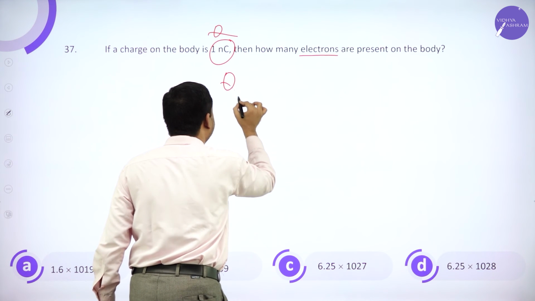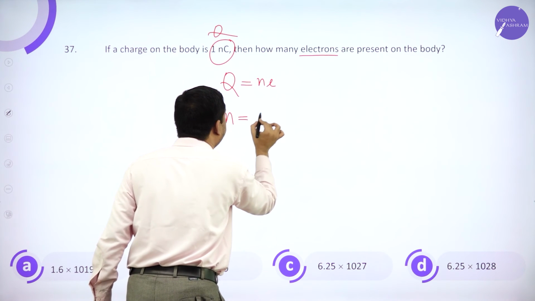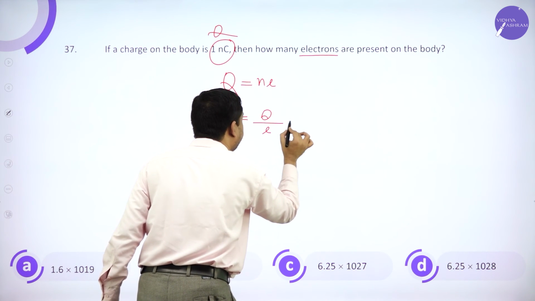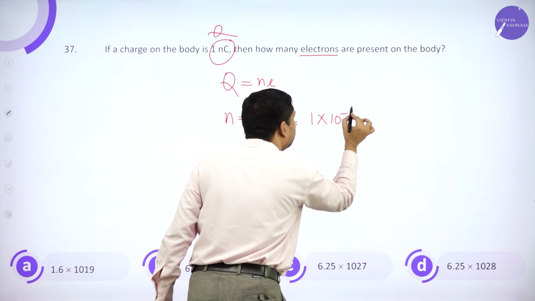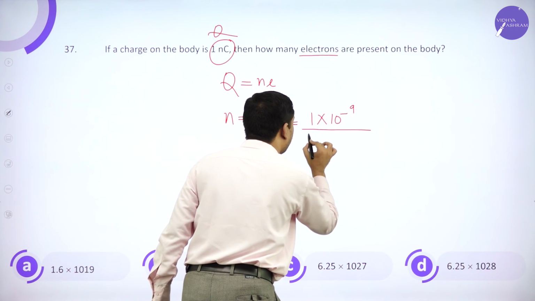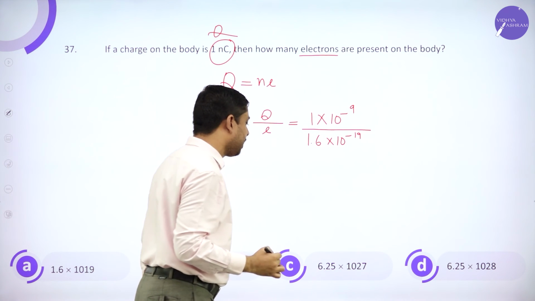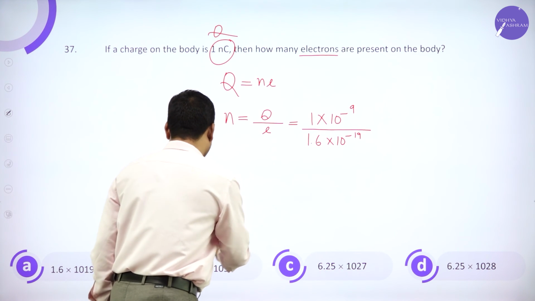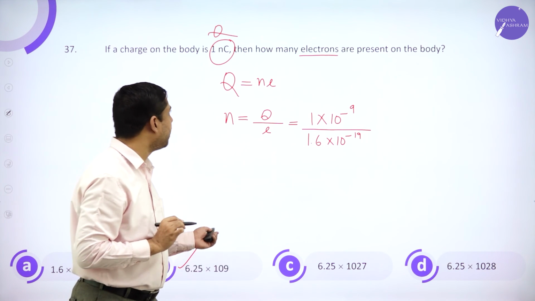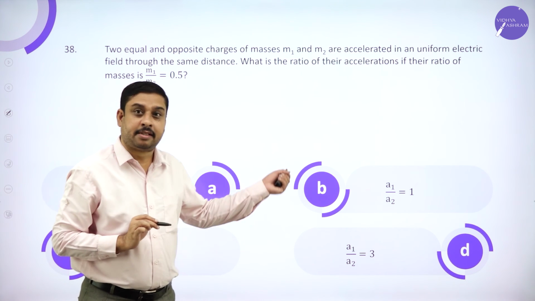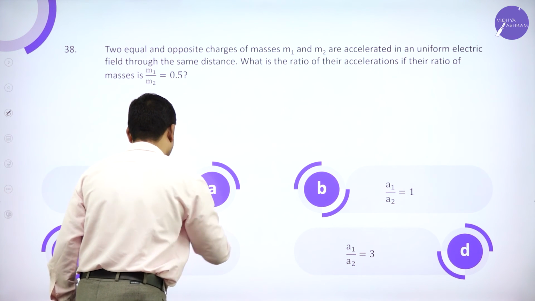I know from the quantization rule, Q is N into E. To find N, it is Q divided by E. Q is 1 nanocoulomb, 1.6 into 10 power minus 19 is the charge of the electron. So if you simplify, the answer is 6.25 into 10 power 9. This is again a problem which I worked out in the previous session. 2 will be the answer.